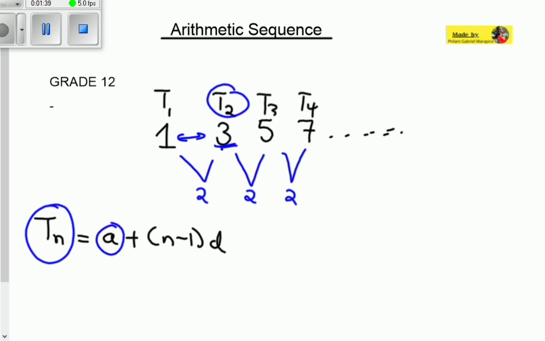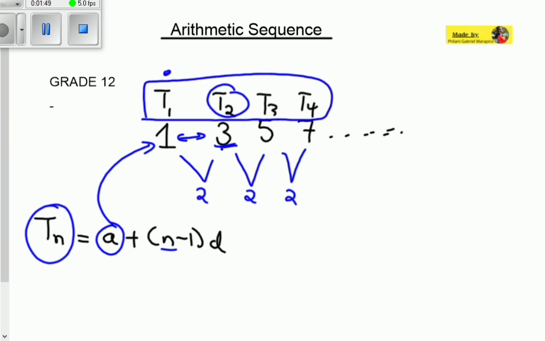The first term is the term that appears first in this arithmetic sequence, and then n represents the number of the term. We are talking about the number up here, that this is term 1, term 2, term 3, and term 4. Please do not confuse Tn and n.